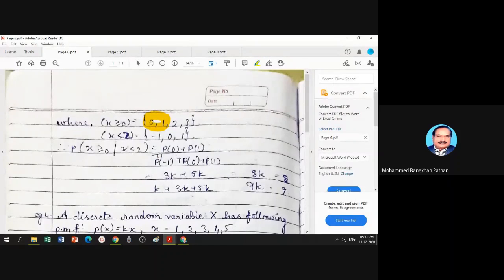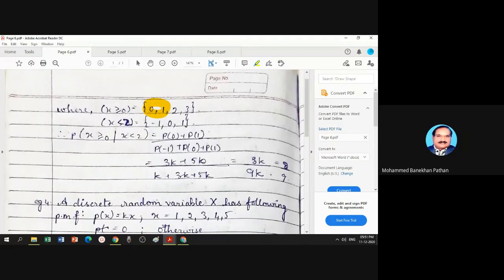The total is divided by probability X less than 2, the addition of probabilities for these three values, P minus 1 plus P0 plus P1. Put what is given in the question and simplify. So the answer will be 8 upon 9.